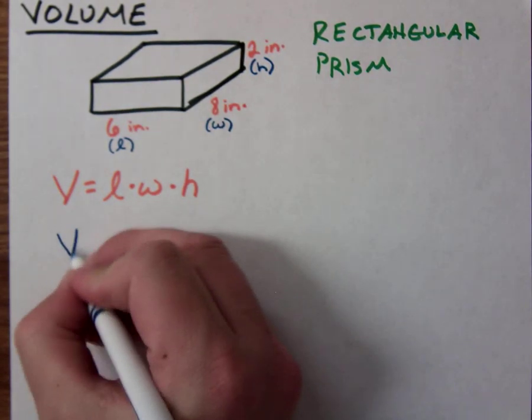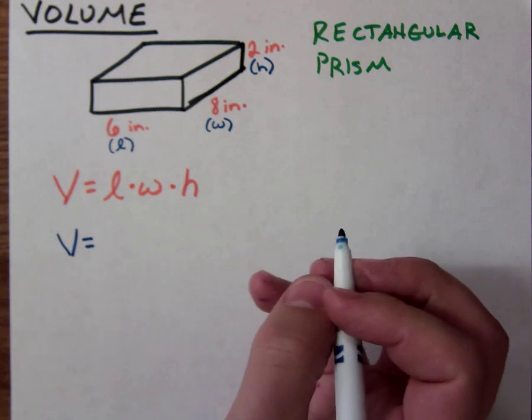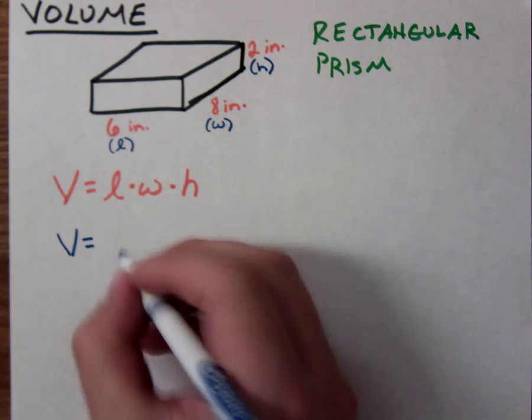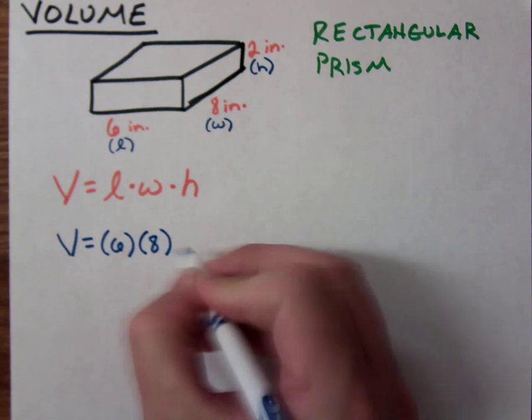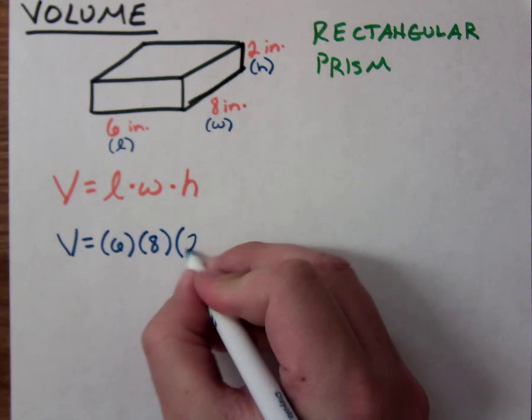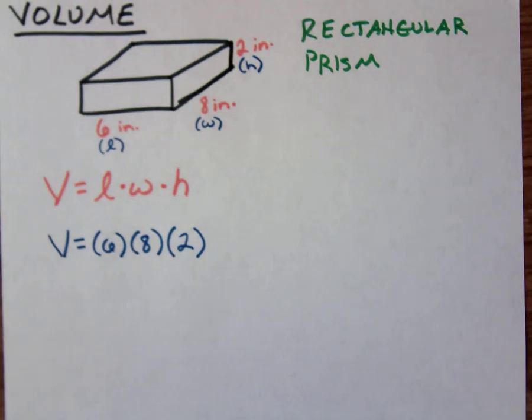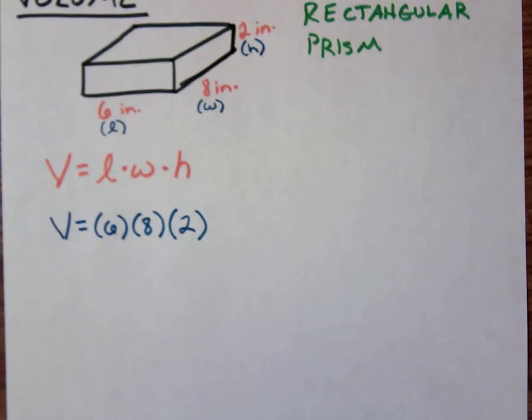So all we're doing is replacing length, width, and height with these numbers. Length was 6. Width was 8. And the height was 2. I said this a little while ago, but it bears repeating. In multiplication, the order that you multiply in does not matter.